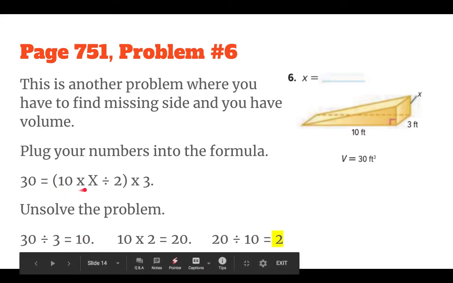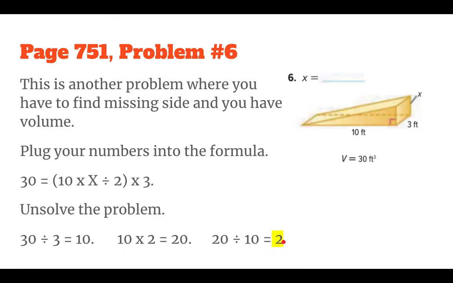Now I've got 10 times the missing number divided by 2 equals this 10 right here. The opposite of dividing by 2 is timesing by 2. 10 times 2 is 20. And what I'm left with is 10 times a missing number equals 20, and 20 divided by 10 is 2. The answer to page 751, problem 6, is 2.